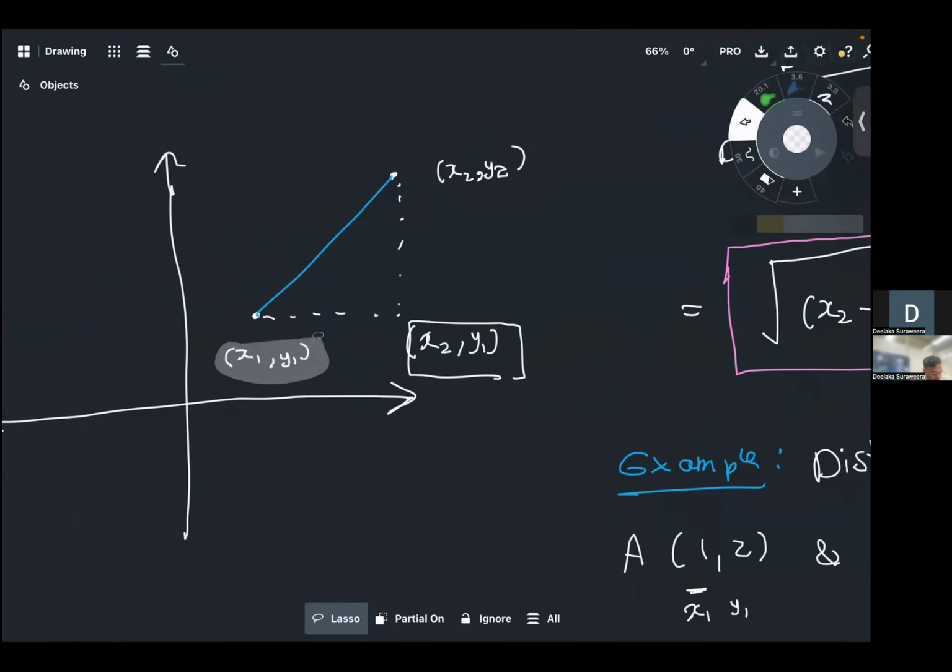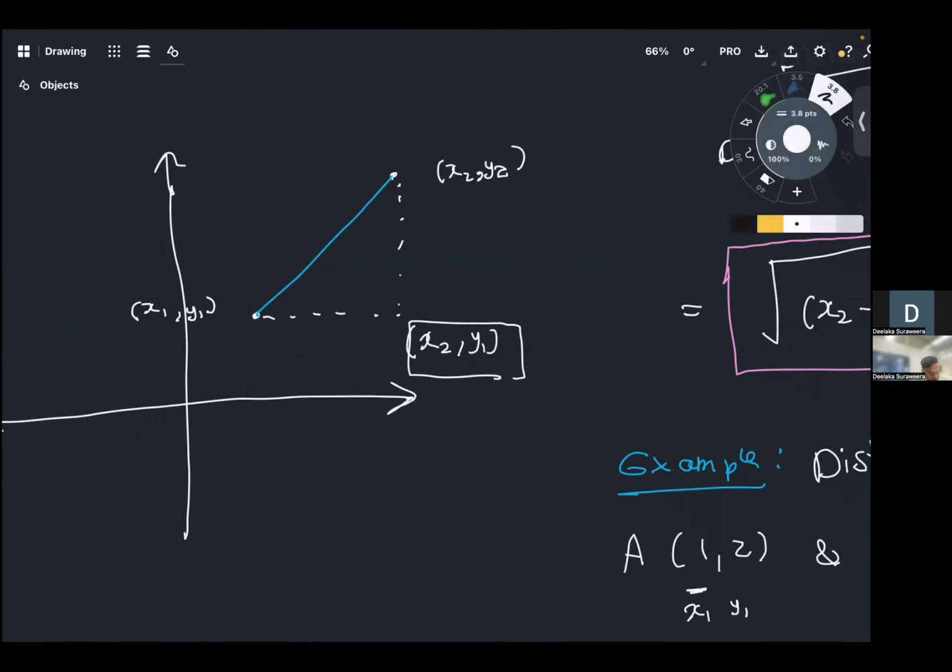So what's this distance horizontally here?